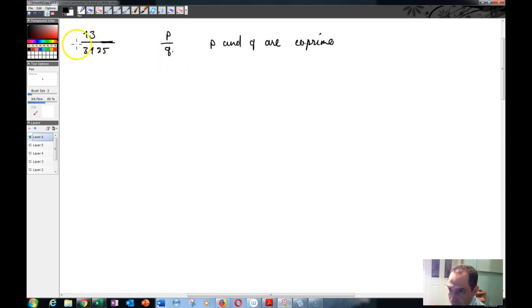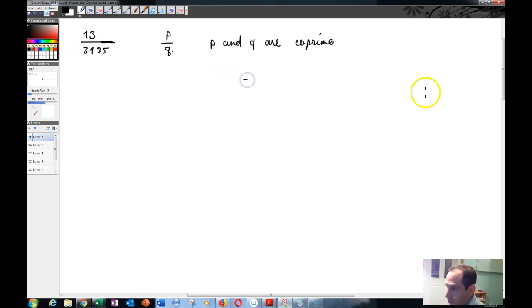So you have at least one factor of 5 in here, and then the number will have a terminating decimal representation. So what I can do is analyze the denominator, meaning prime factorize it.